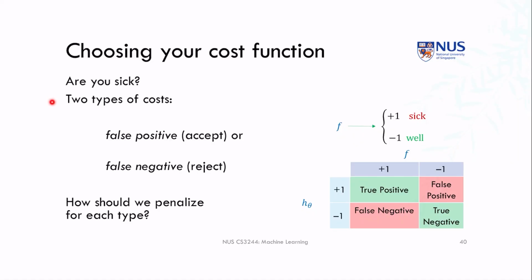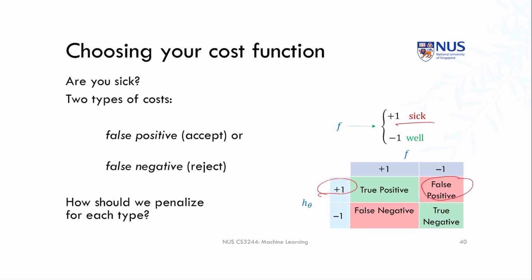So let's take this instance about whether we're sick or not. We have two types of costs: false positives, which means that our classifier determines that we're sick, it's a +1, but we're actually well.